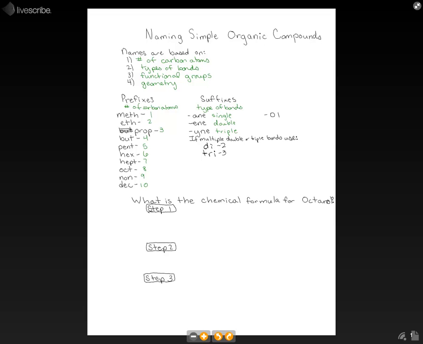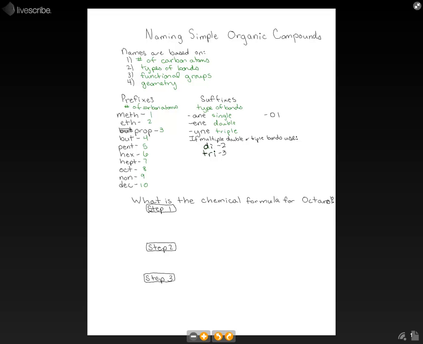So if we have an ane as a suffix, that means that we have all single bonds. If you have an ene, you have at least one double bond. And if you have an ine, you'll have at least one triple. And if you have more than one, then you designate that with a di or a tri in front of them.